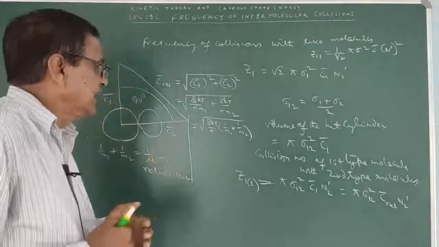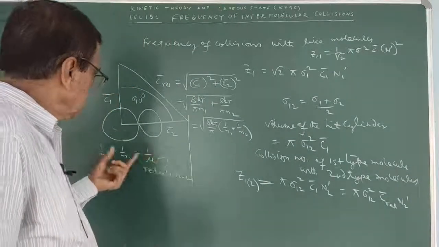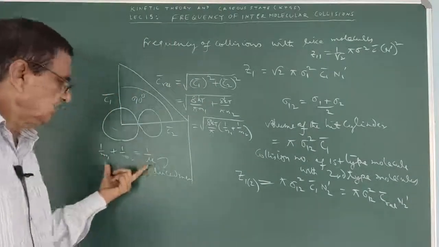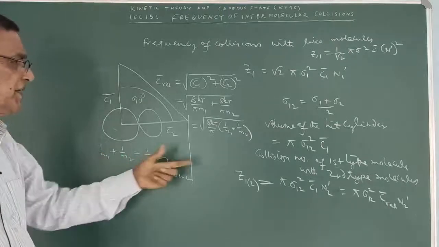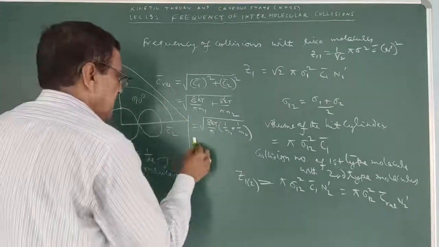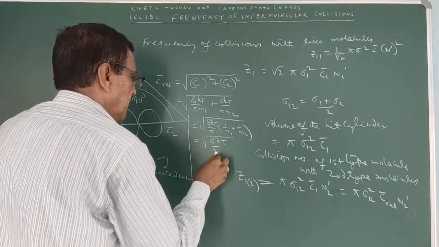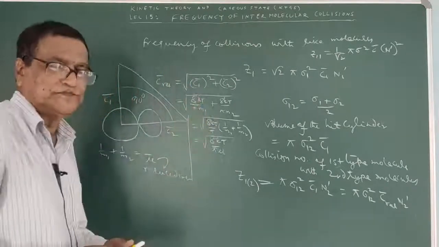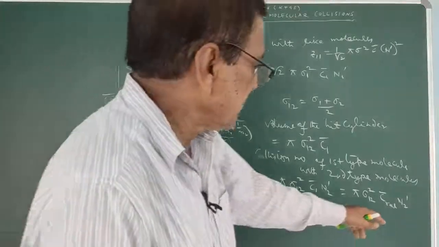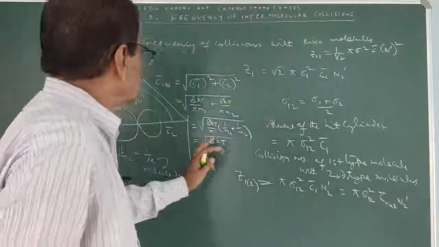An expression of mu is given as 1 by mu, which is related with M1 and M2. So this could be written as root over of 8 KT by pi mu. So this relative speed is to be replaced by this value.